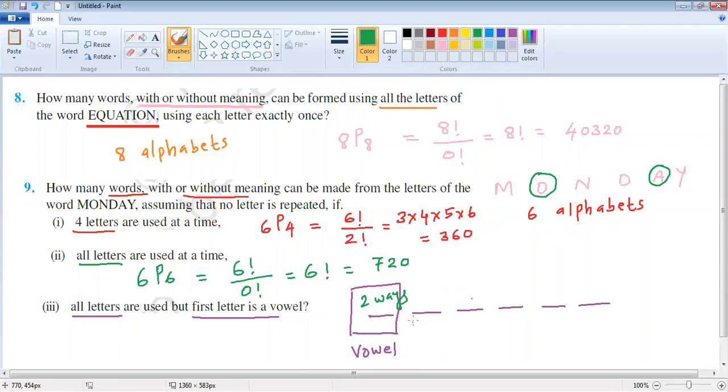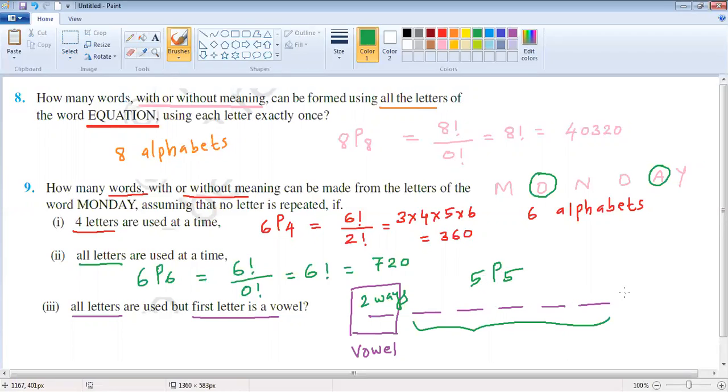So now there are 5 places remaining. So we have 5 letters remaining, because we have already used one letter, one vowel, out of the 6 alphabets in the first place. So remaining is 5 only. From that we have to select 5, because all letters have to be used. So it is 5P5 ways.